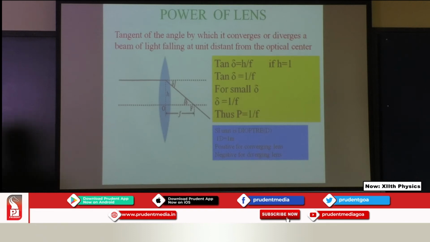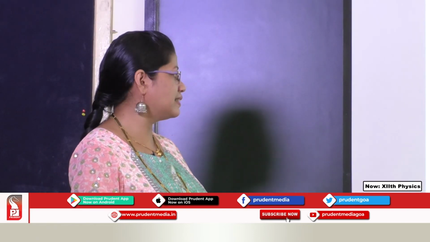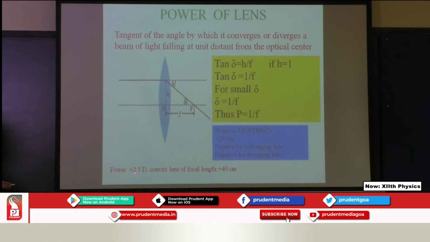Now, students, some of you must be using spectacles. When the eye specialist prescribes a certain number for the power, you know what lens you have to use. For example, if it is prescribed that a lens of power plus 2.5 D has to be used, positive tells you it is going to be a convex lens of focal length plus 40 centimeters.